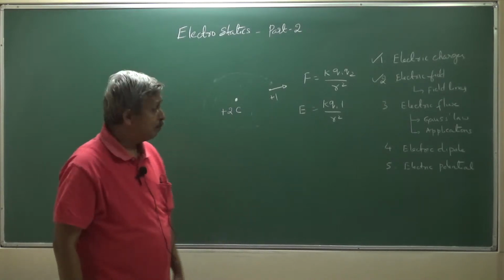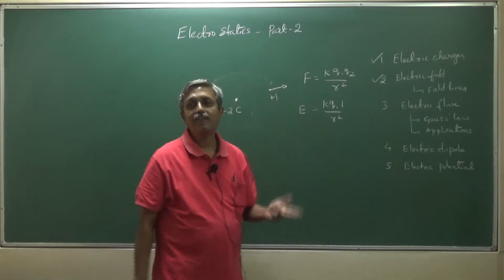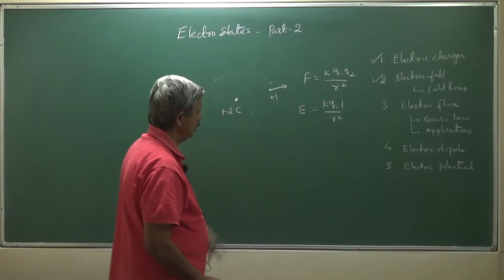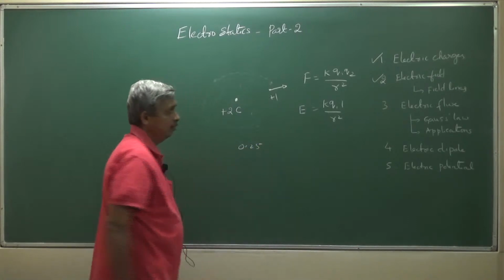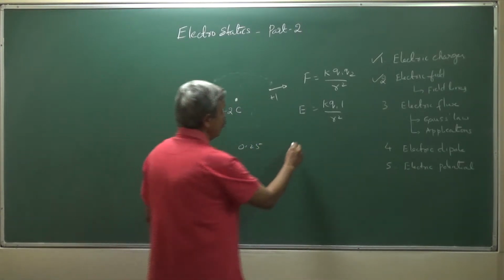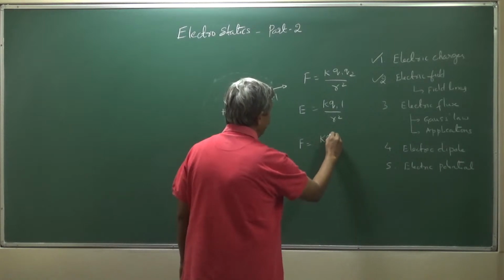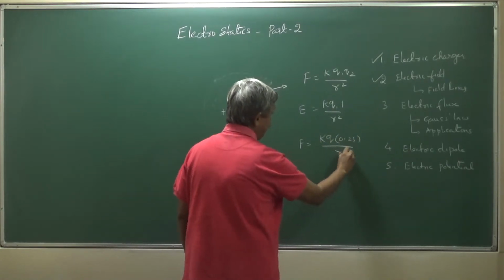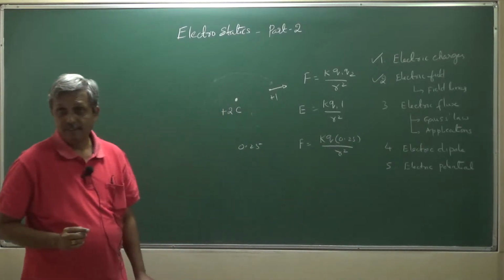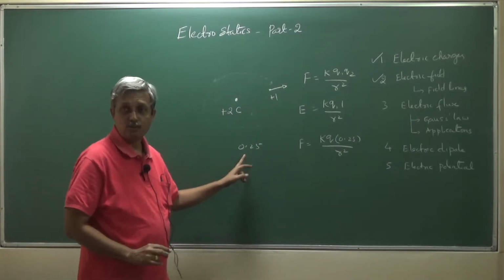If you are not able to put 1, then you put whatever you want and later divide it. For example, instead of 1, I will put 0.25. Then the force will be equal to K into Q1 into 0.25 divided by R square. Now I divide this force by 0.25.